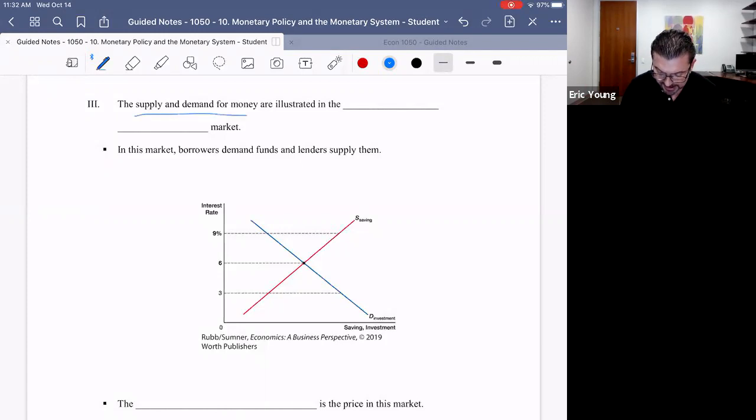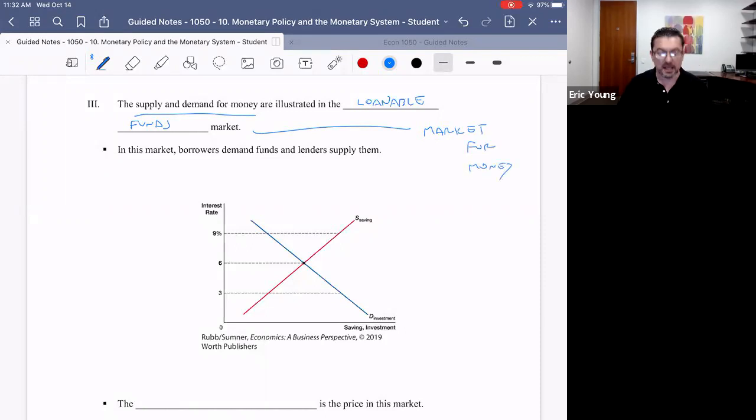The supply and demand for money can be illustrated in a specific market model known as the loanable funds market. The loanable funds market is basically a market for money.